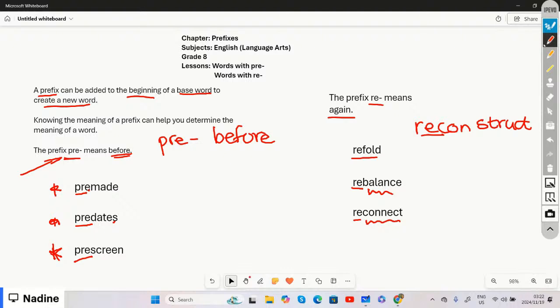Reconstruct. So, reconstruct something is where you are basically constructing something again. You see, so basically, what you're just doing is you are repeating the word. It's where you are constructing something again.